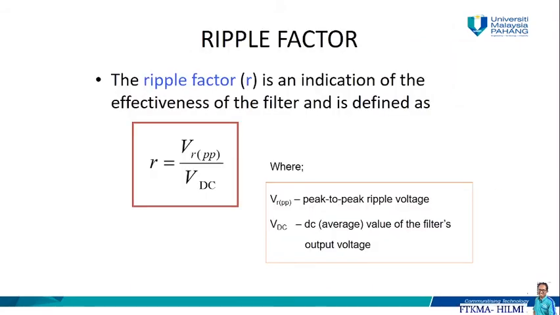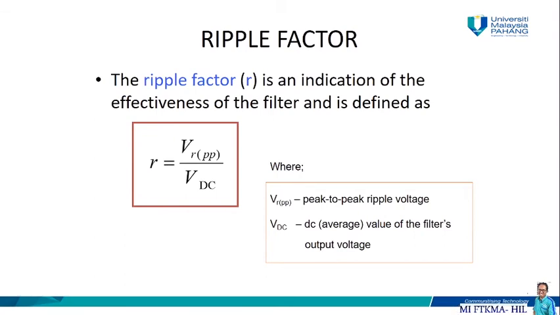So, ripple factor. Ripple factor, or R, is an indication of the effectiveness of the filter, and it is defined by this equation. R equals VRPP, so we have a lot of symbols that we learn in this topic.